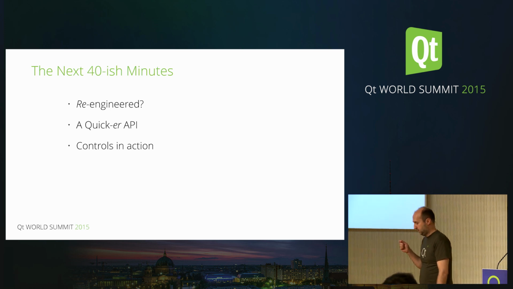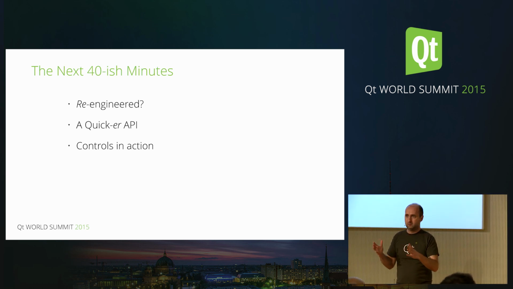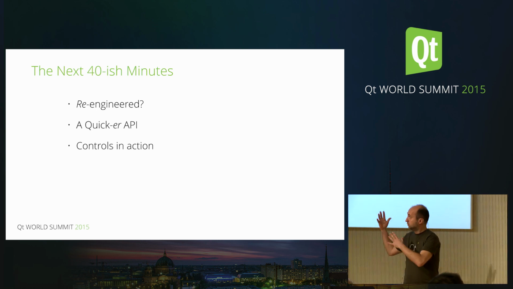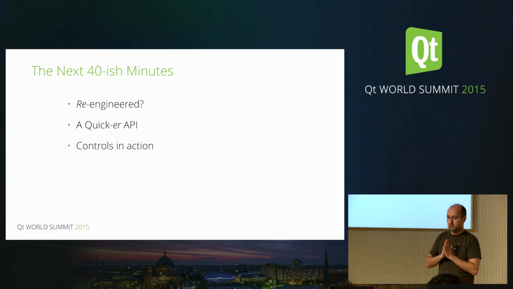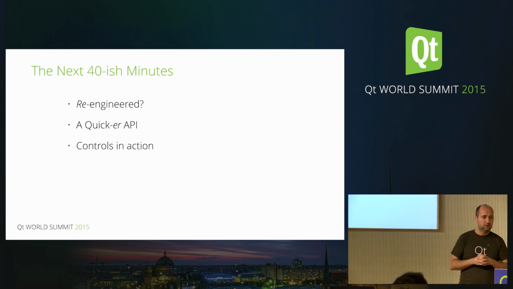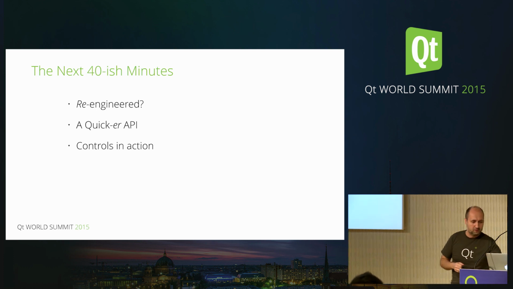We also will see the new API, especially the styling API, but also how we try to make these new controls more like real QtWS items, and try to understand what QtWS is about and how we can make these controls work together with the rest of QtWS. And finally, we'll see a bit of this in action with some coding demo.